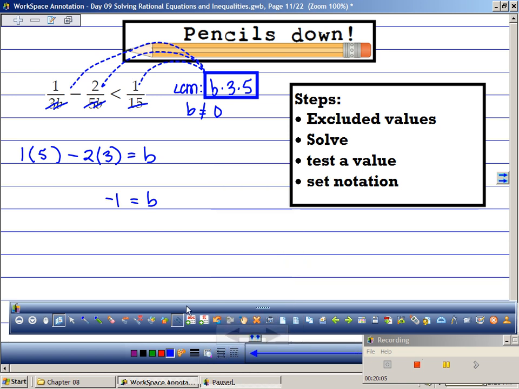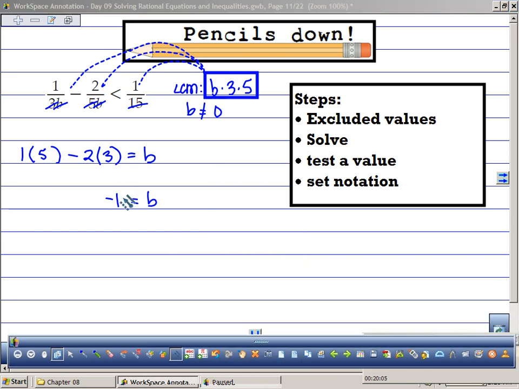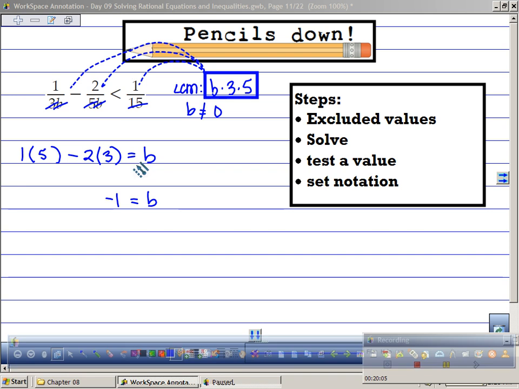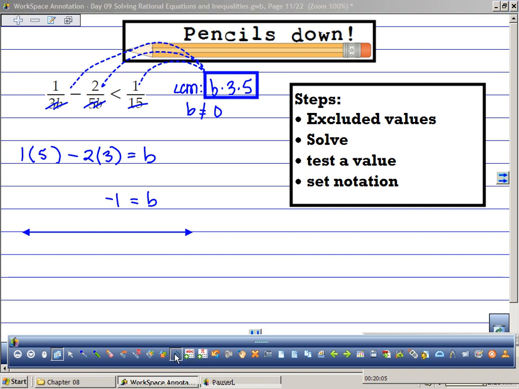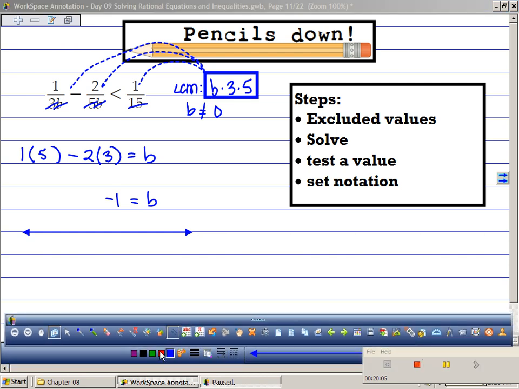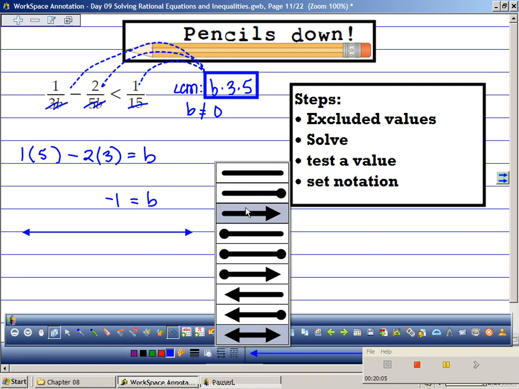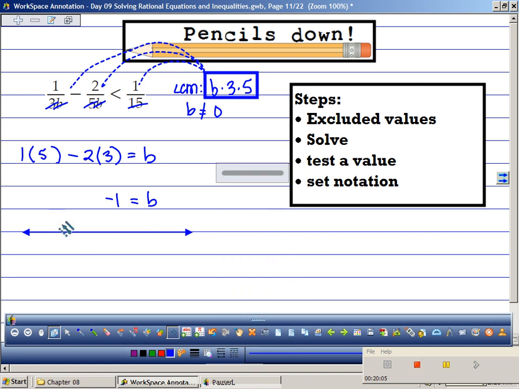All right, so here's what we need to do. We have a solution, but B does not equal -1 because this is an inequality. So B is either less than -1 or greater than -1, and we need to figure that out. So we're going to draw ourselves a number line. And we're going to say, okay, my solution's right here.